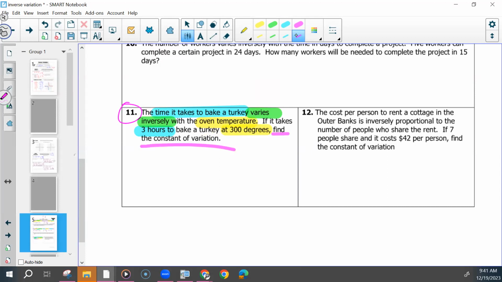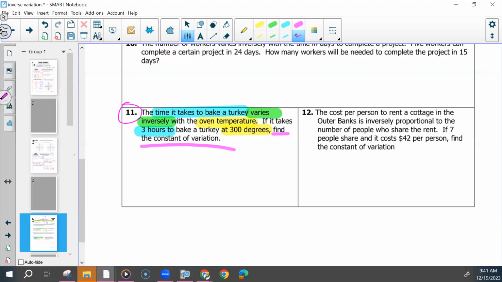So to find the constant of variation, what would we do to find that? What is the constant of variation?